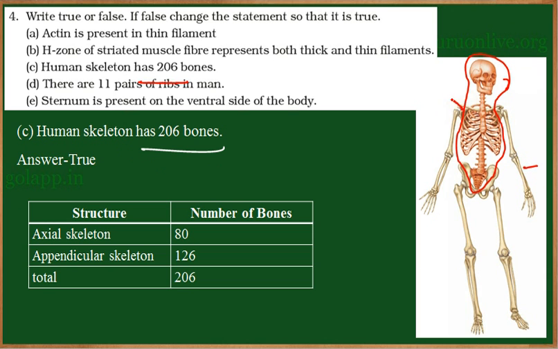So the shoulder bones, the upper extremities, the hip bones and the lower extremities, all of these come under appendicular skeleton. The axial skeleton has got 80 bones and the appendicular skeleton has got 126. So the total will be 206. So this statement is true.